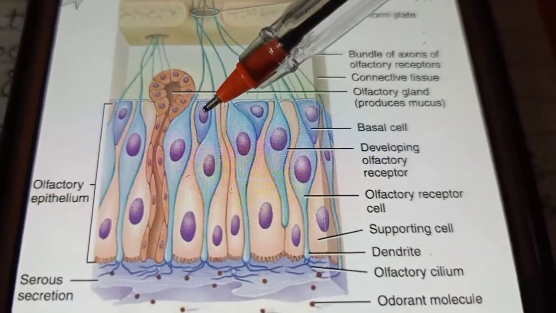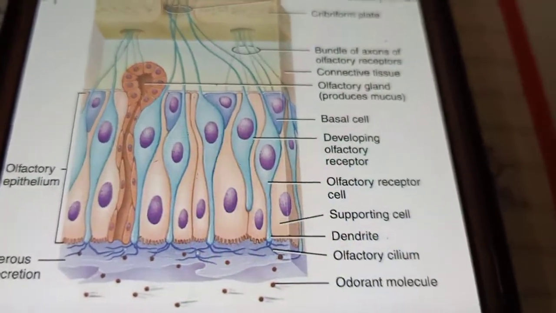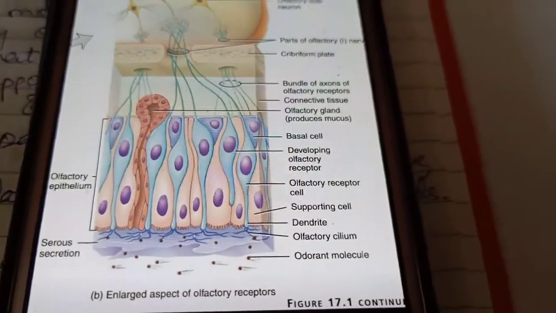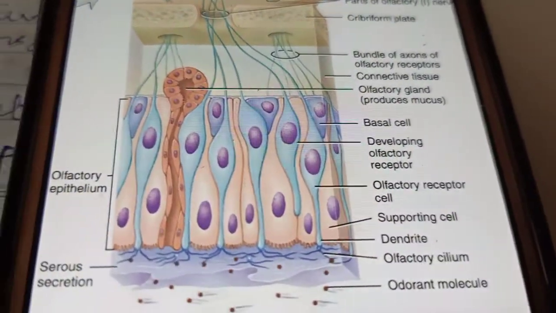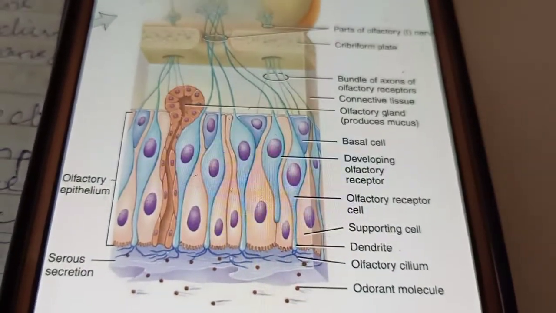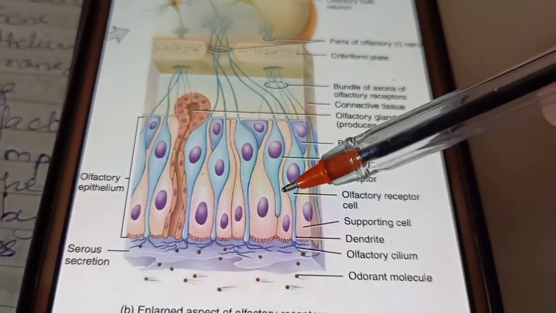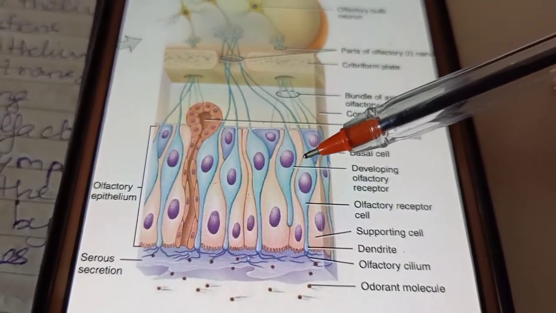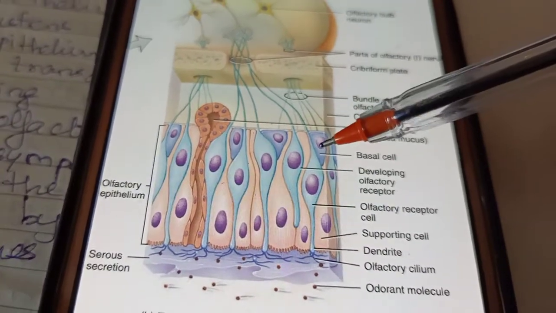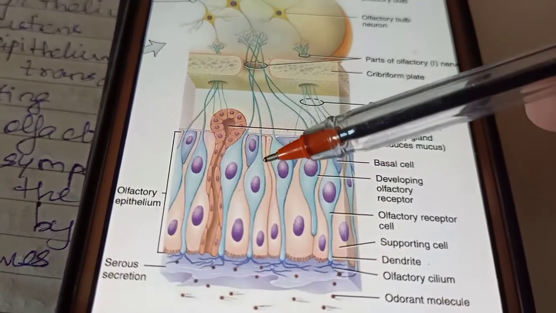Where are they located? They are located between the bases of the supporting cells. So this is the entire supporting cell, and near its base are the basal cells.